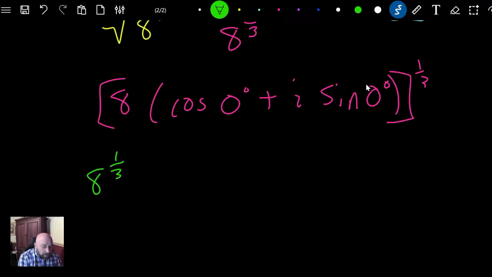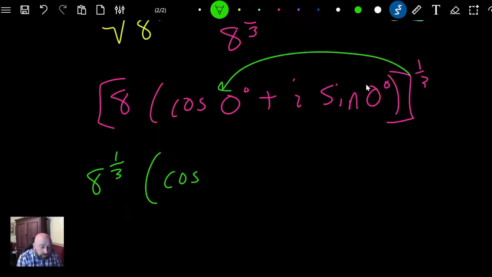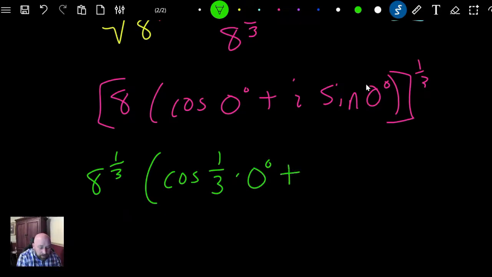And then we're going to get our parenthesis cosine of, remember what we did is we put this in front of the 0. So 1/3 times 0 degrees plus i, sine times 1/3 times 0.